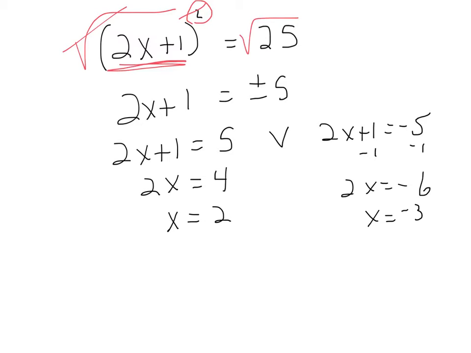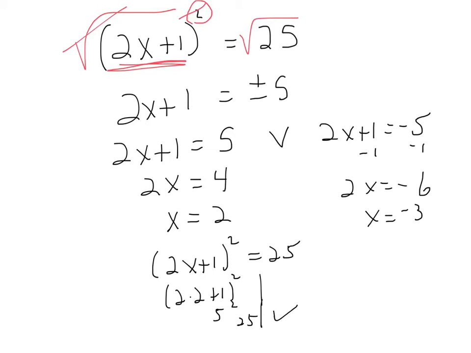There's two answers here that work. If I check these, when I plug 2 into my original, which is 2x plus 1 squared equals 25, when I substitute 2 in, I will get 2 times 2 plus 1 quantity squared, which is going to give me 4 plus 1 is 5 squared, and that is definitely 25, and that checks.